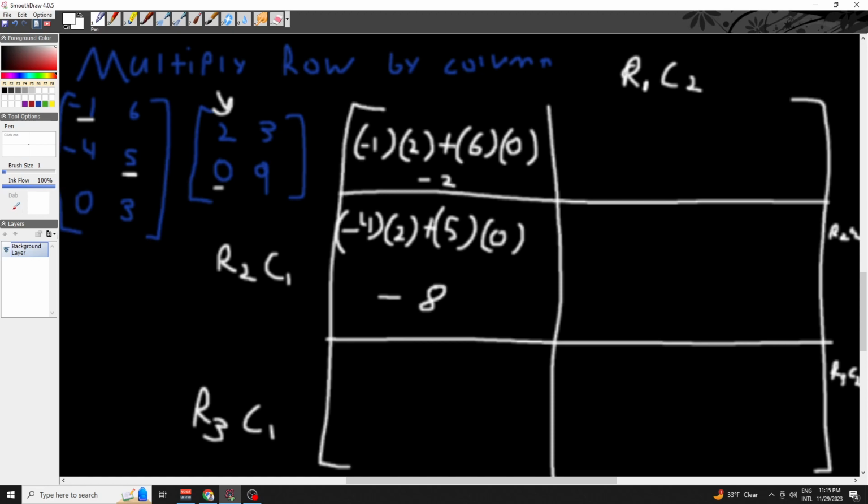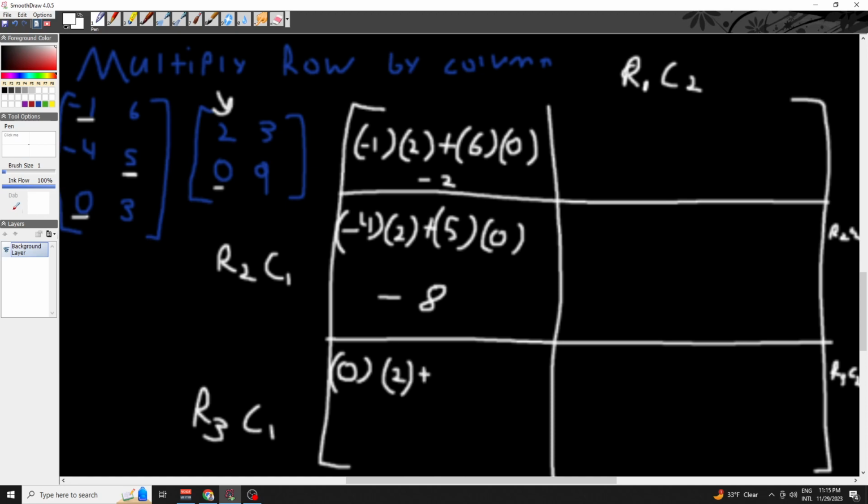Let's move down again. Row 3. What's the first number of row 3? 0. So we're going to make that 0. What's the first number of column 1? 2. So we're going to make that a 2.